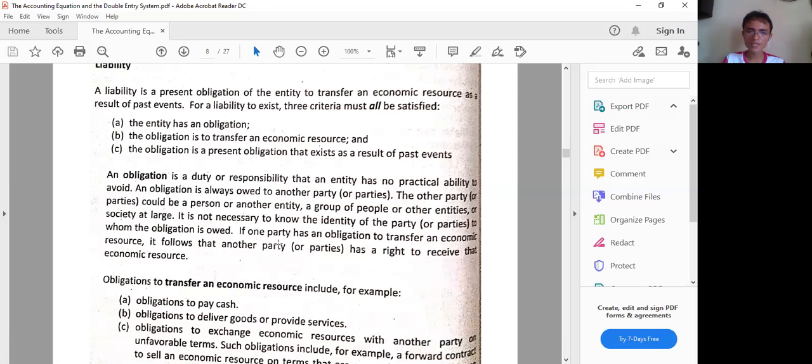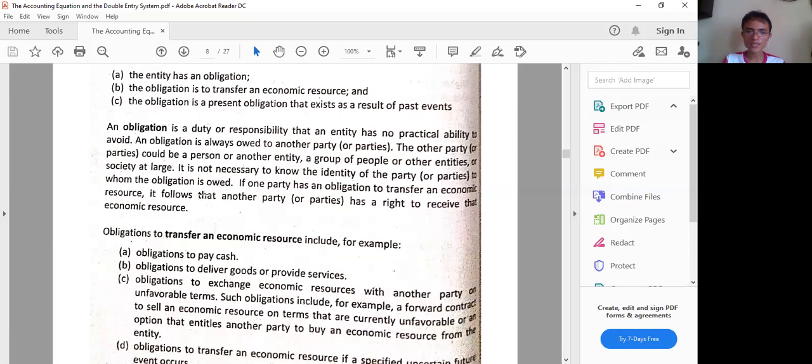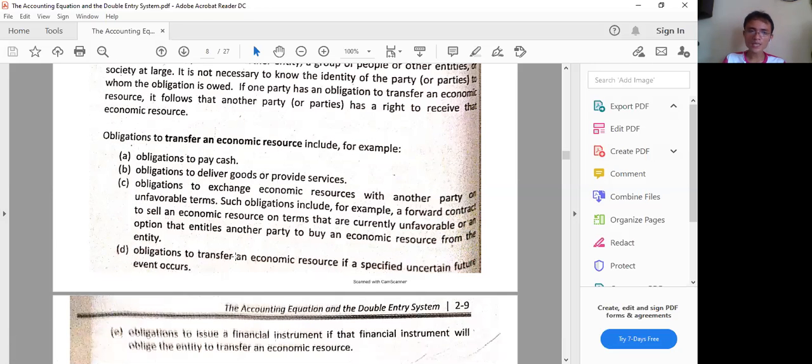On the other hand, liability is defined as a financial obligation in the present time arising from past events. An obligation is a duty or responsibility which we cannot avoid. We really have to do it. To pay our obligations, we have to transfer an economic resource, which could be cash, goods, or services, and other items which you will know of in higher accounting.